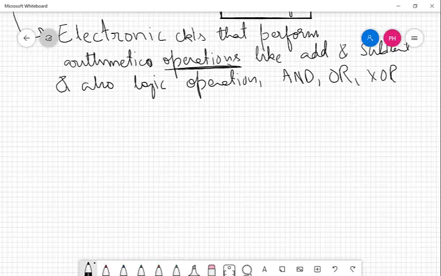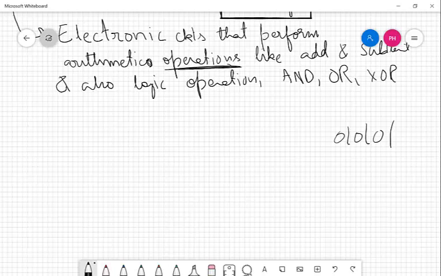You might have already studied about these things, I'm sure. Machine language is actually zeros and ones, because our microprocessors, our programmable devices, are digital devices. They only understand zeros and ones. So we must communicate with them using these zeros and ones also.